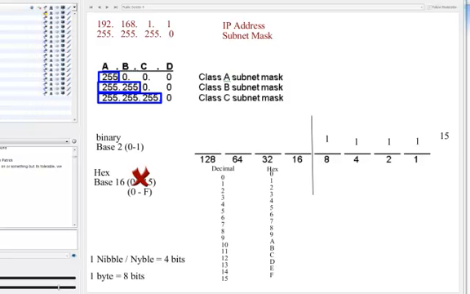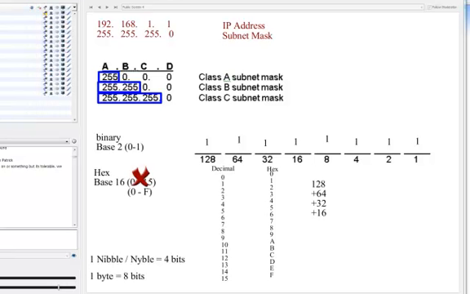Let me go back a couple of slides here. If I was to do a 1 here, a 1 here, and I take away this line, if I was to add 128 plus 64 plus... I'm going to be adding all these up.